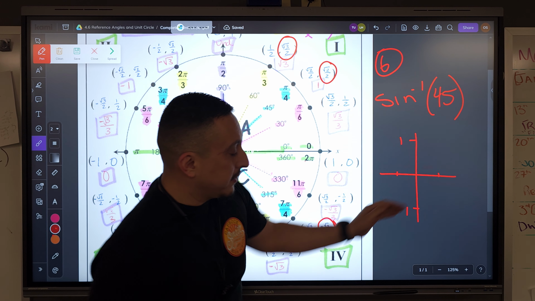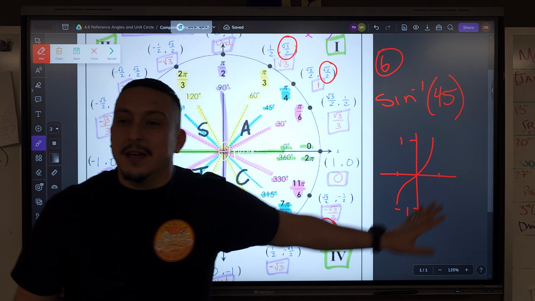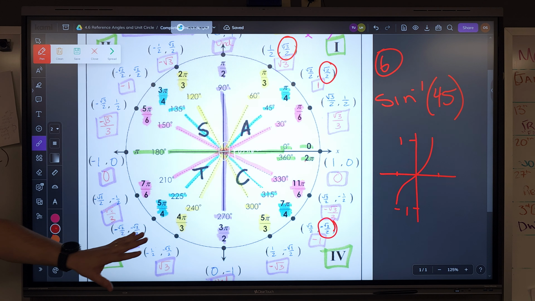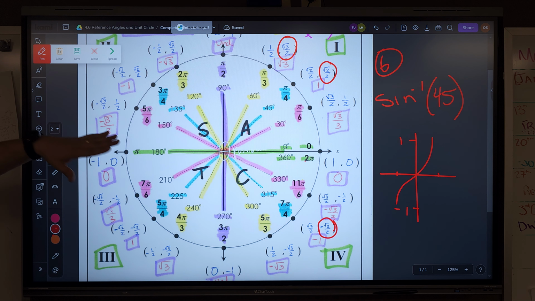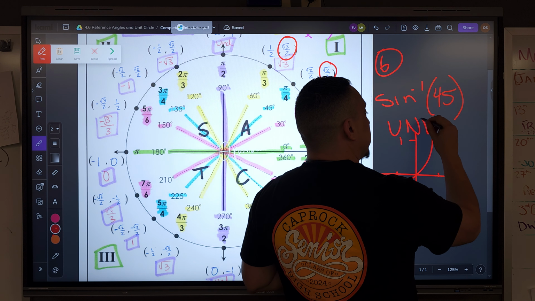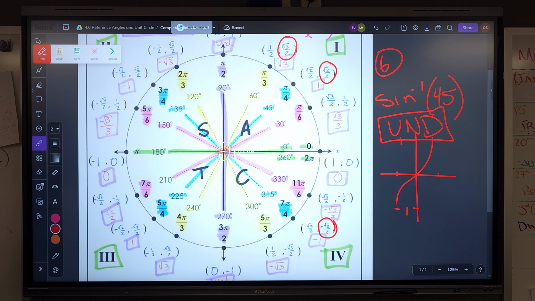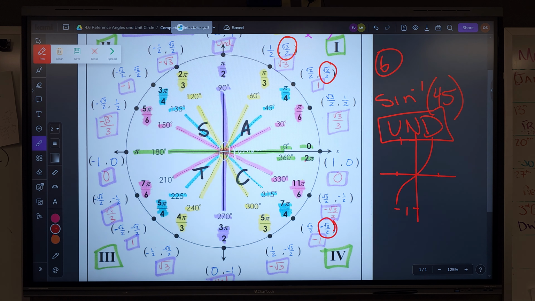Because that's as far as that little squiggly went, remember? So anything outside of that doesn't exist. So is 45 bigger than 1? So it doesn't exist. Your answer is undefined. Anything bigger than 1 is undefined. It doesn't exist because it's out of that range. Make sense?